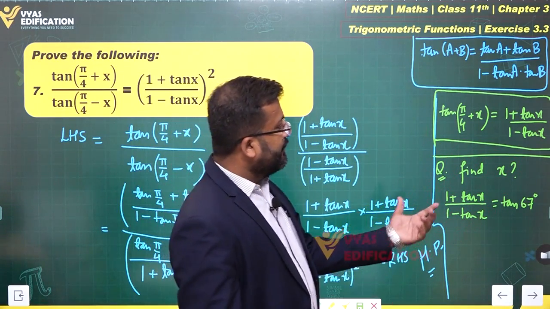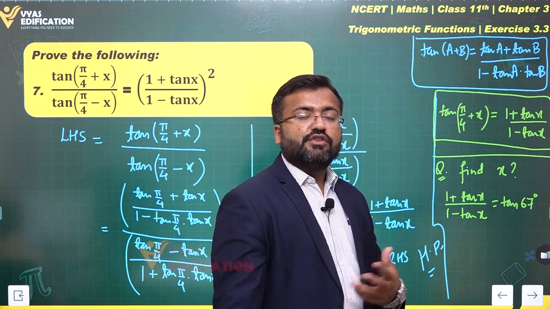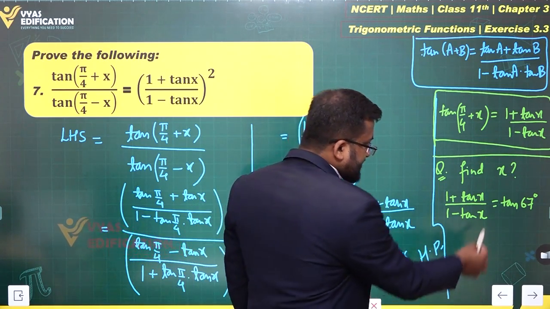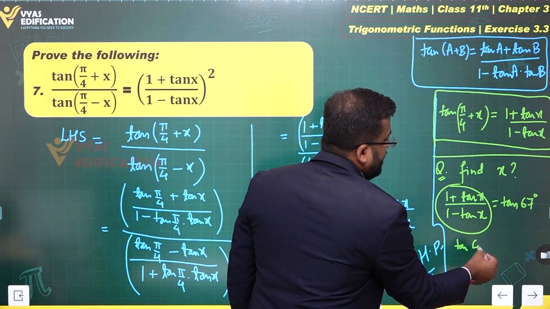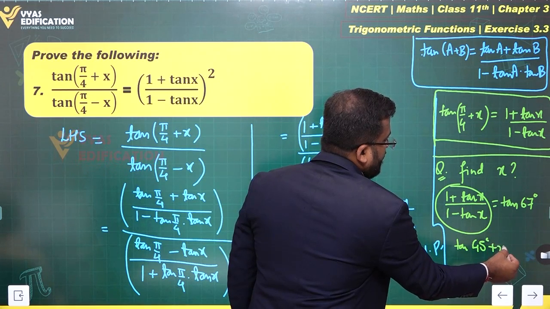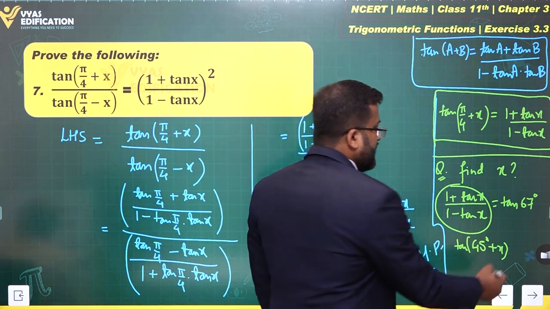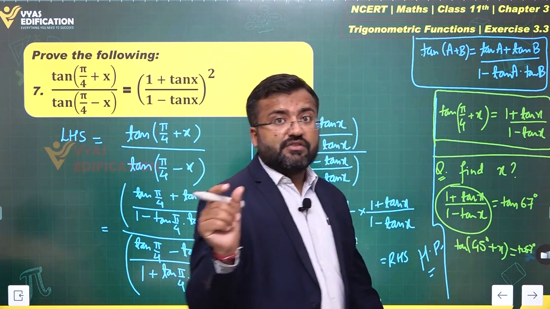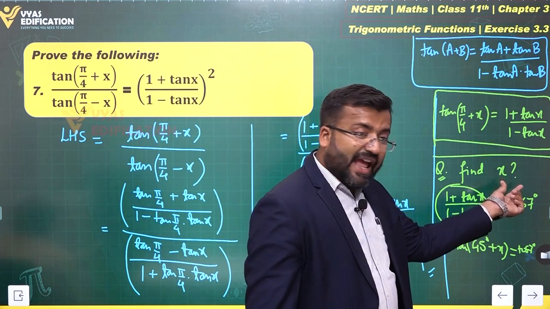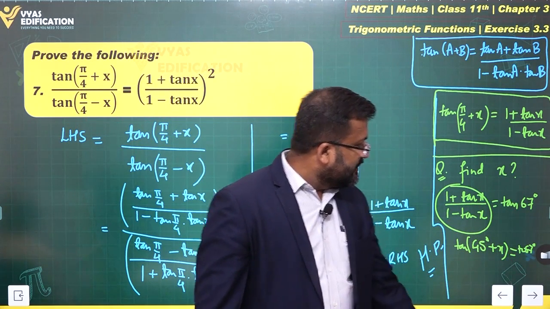Yes, you can find the value of x easily if you know this. Otherwise, you will keep on solving, but you will not get anywhere. Since this is equal to tan of pi by 4 plus x, this can be written as tan 45 degree plus x. Now we are dealing with degrees in the RHS, so we'll use degrees only, right? This is equal to tan 67, and one of the possible values, an acute angle x, can easily be found as x equal to 67 minus 45.